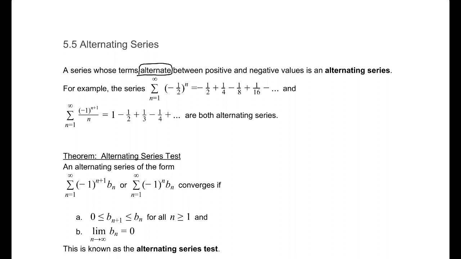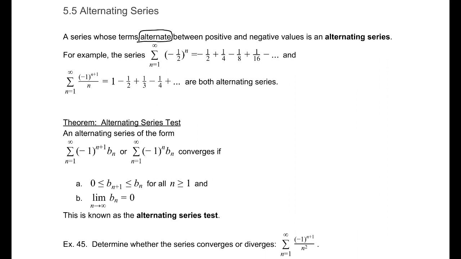So whenever you have an alternating series, we have this test right here: the alternating series test, which I will often write as the AST. An alternating series of the form, the sum from 1 to infinity of negative 1 to the n plus 1 times some sequence b_n, we will define what that is depending on the problem, or the sum from 1 to infinity of negative 1 to the n, b_n, will converge if two things occur.